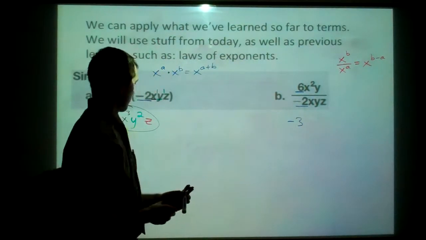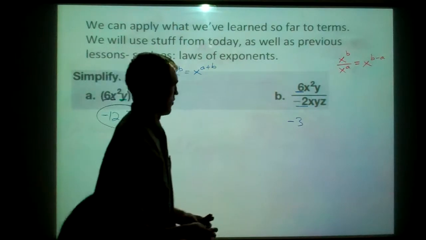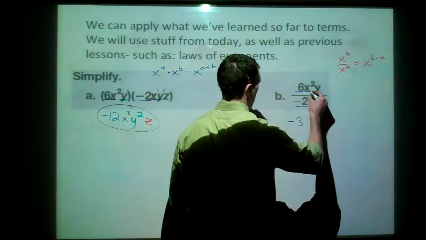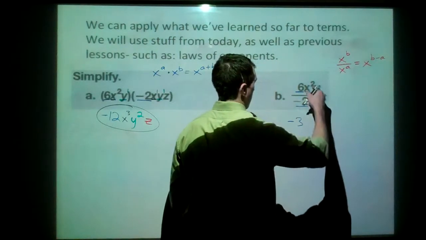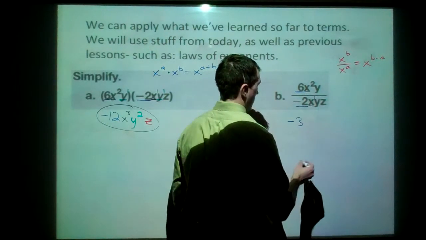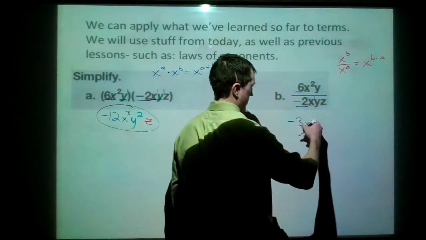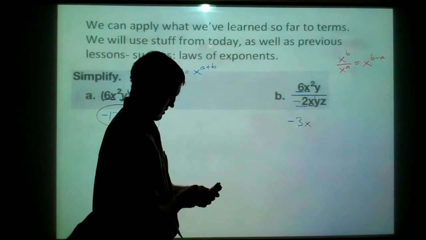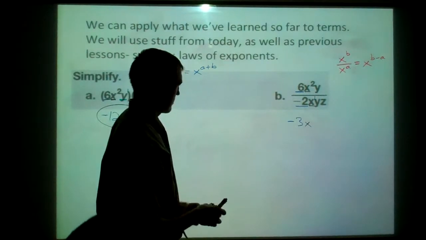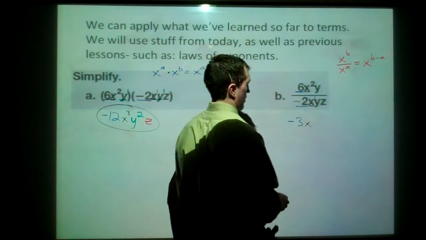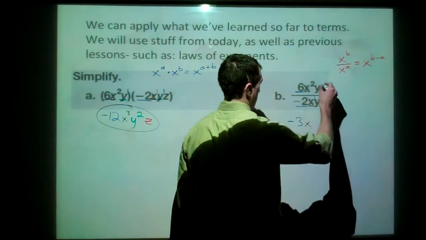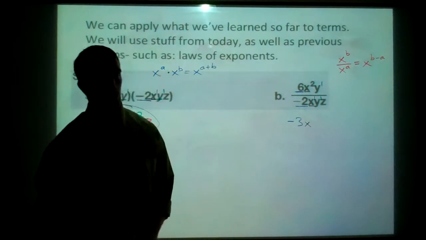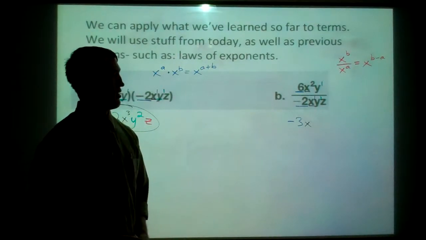Okay? Let's look at our x's there. We have an x squared over an x. 2 minus 1 is 1. So x to the first, or just x. I'm going to leave it as just x. Our y's, we have a y to the first and a y to the first. 1 minus 1 is 0, and y to the 0 power is 1.